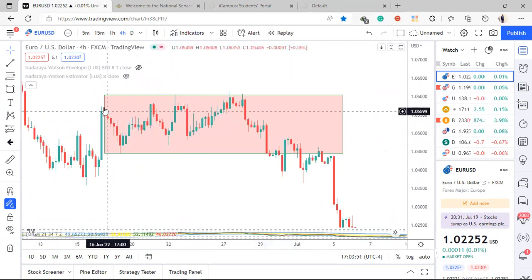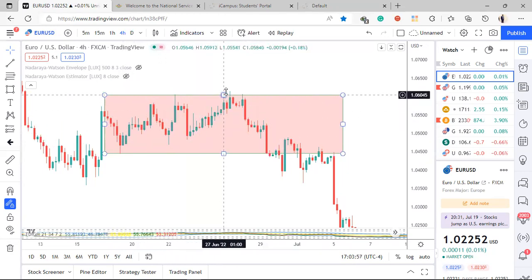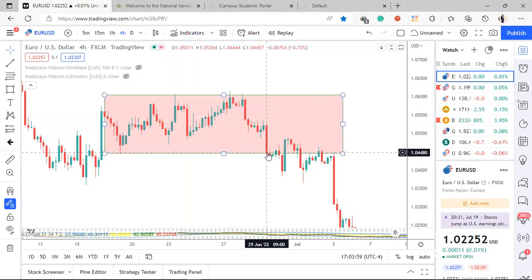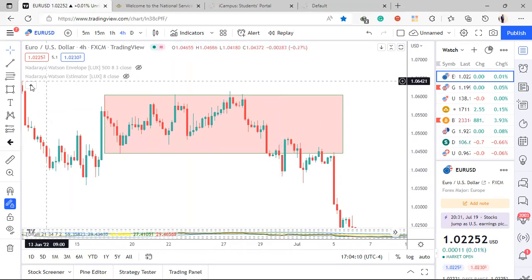Price is consolidating. It goes up, you sell, it comes down, you buy, it goes up, you sell, comes down, you buy. Then as you bought over here, price broke out and came somewhere here. Came back inside there. Let me use the line so that you understand what I'm saying.